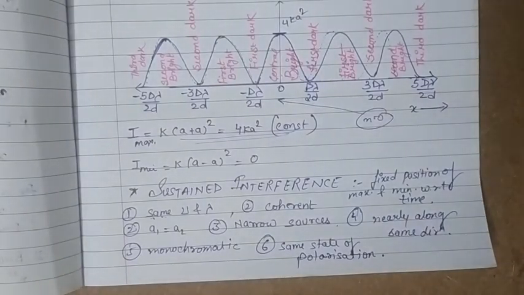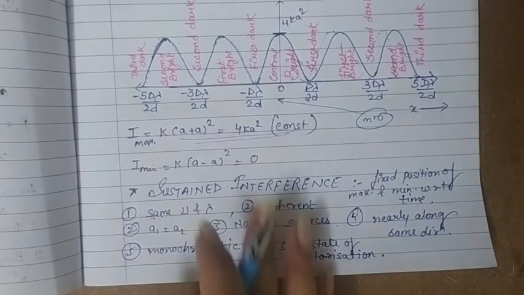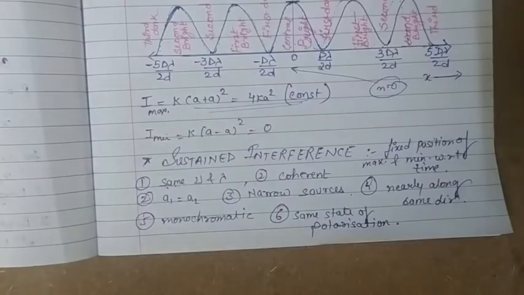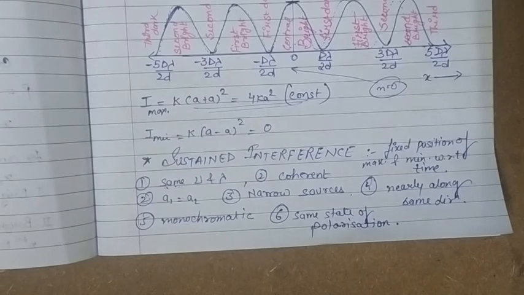And to have sufficient fringe width, the distance between the two coherent sources should be small, and the distance between the sources and the screen should be large. Since we know the formula is D lambda over small d, from that relation we conclude that the distance between the two sources, small d, should be small, and the distance between the sources and the screen, capital D, should be large, so as to get a large value of fringe width, or to observe interference clearly.